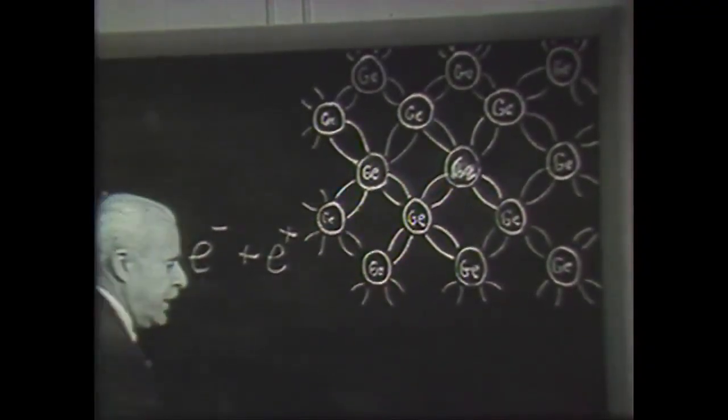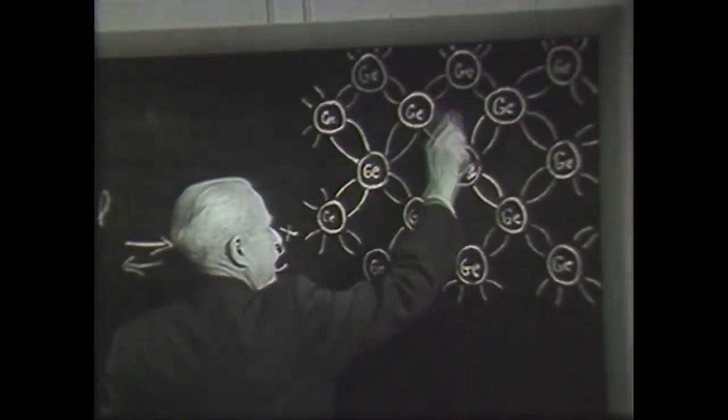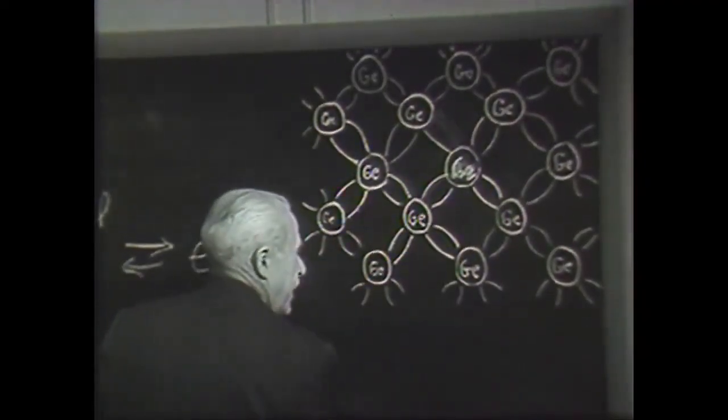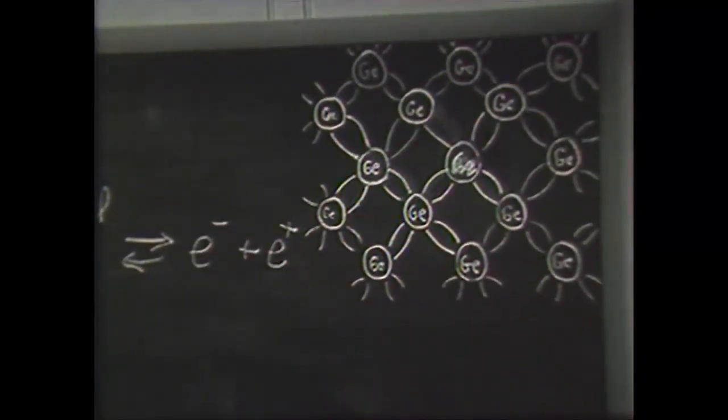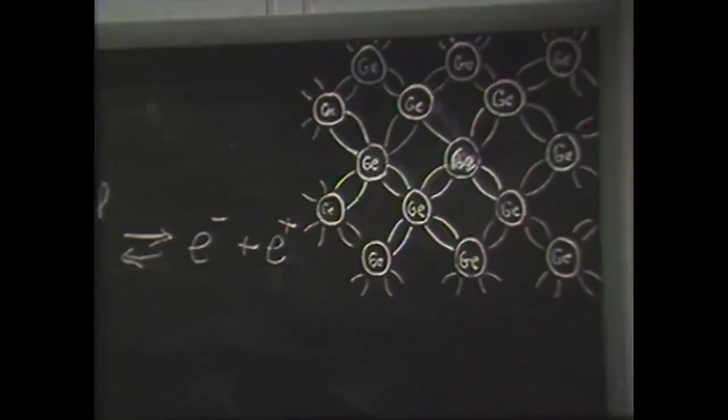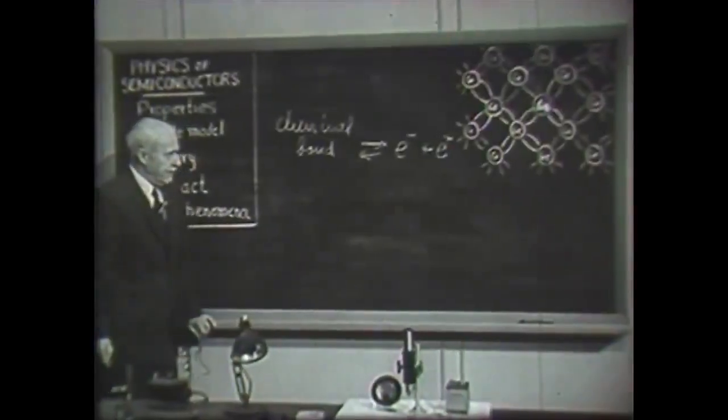In other words, we have a vacant position in the bonding structure, or hole, and this vacant position can move around. So here we have what has been called a defect semiconductor. There are not enough electrons to fill the chemical bonding structure.